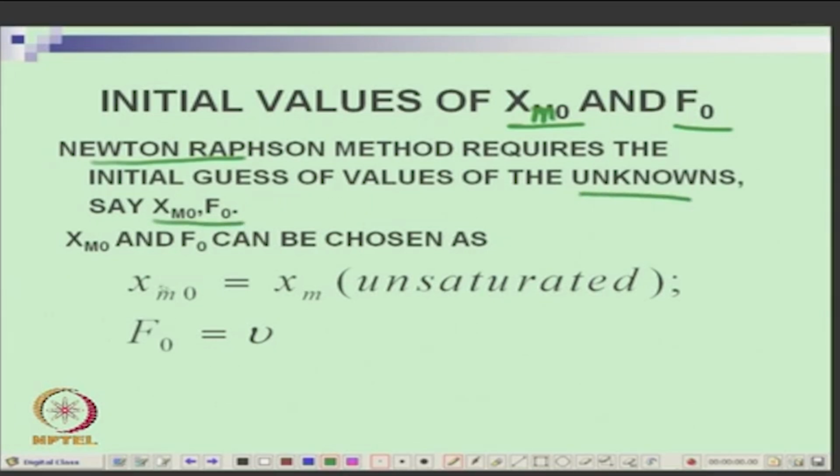What we did was guess the initial value of x m naught as the unsaturated value of x m, which is in the linear range, because the saturated value will be less than the unsaturated value. Start with the unsaturated value, and you assume that the frequency is approximately equal to speed. So, you take the initial value of frequency as speed. If you are running at 1 per unit, you would say f naught is 1, but actually it will be less than that.